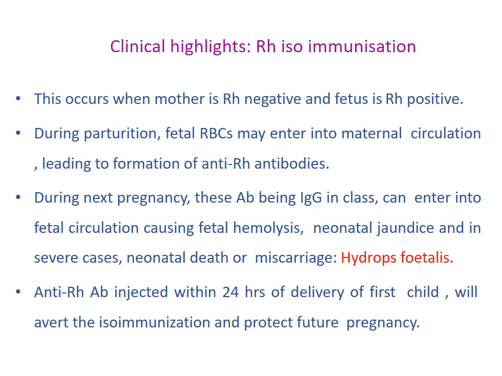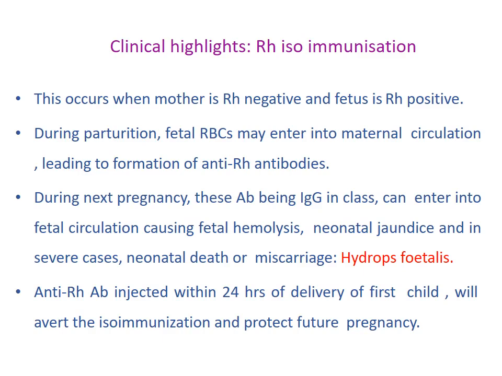So this antibody fights against the fetal antigen and destroys or neutralizes it. So the maternal body cannot produce the antibody against the antigen. Okay, so in the successive pregnancy, the fetus will be protected from the hydrops or hemolysis.